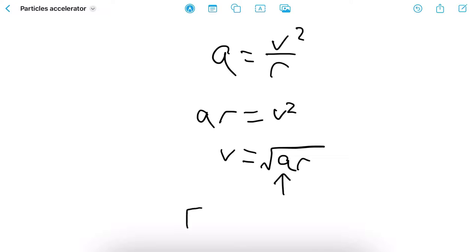Assume it has a maximum force that the electric field can generate.